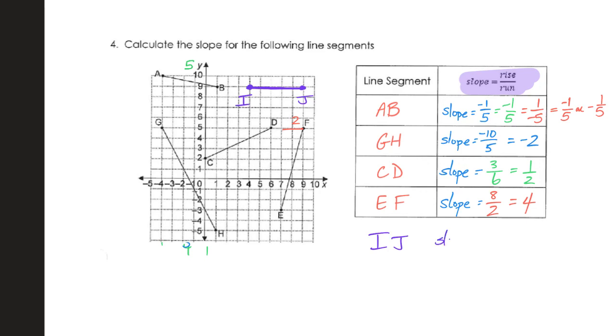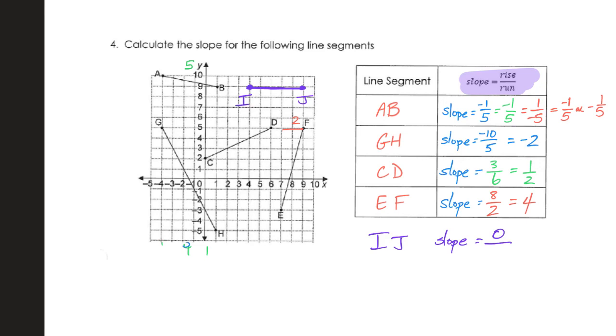So if I was to calculate my slope, what's the rise of line segment IJ? And do we notice that since it is horizontal, there is no rise? I don't go up any units from I to get to J. And so that becomes a rise of 0, but I can calculate my run.